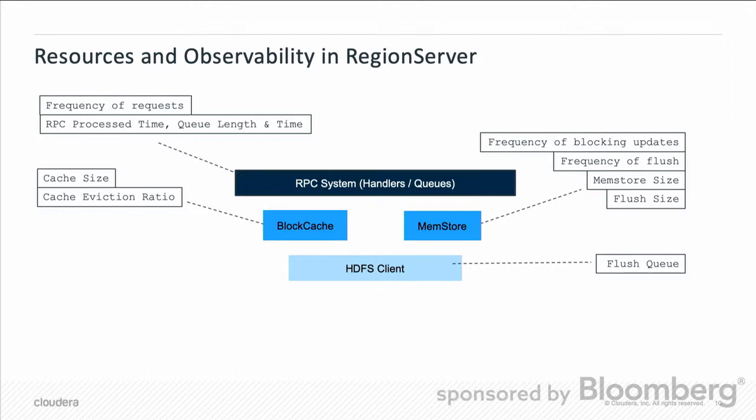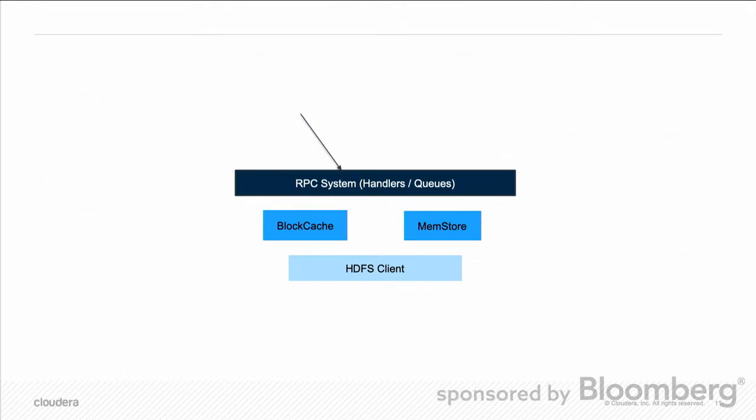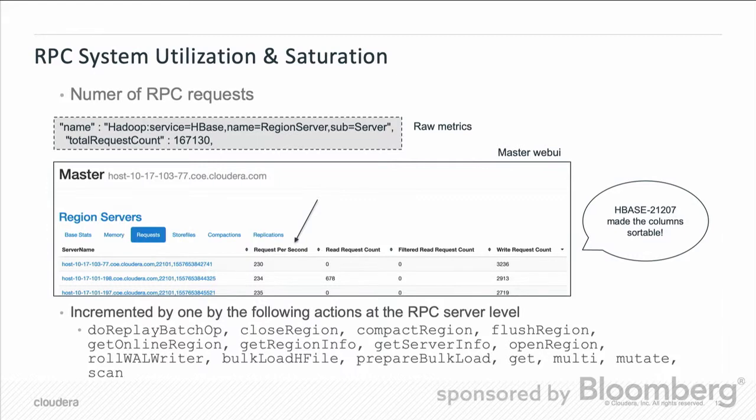For Memstore, it exposes the Memstore size, the flushed Memstore size, and also the frequency of flushes. Using these observability items, we can check how the resource is utilized or saturated. So from the next slide, let's walk through each resource one by one. First, the RPC system.